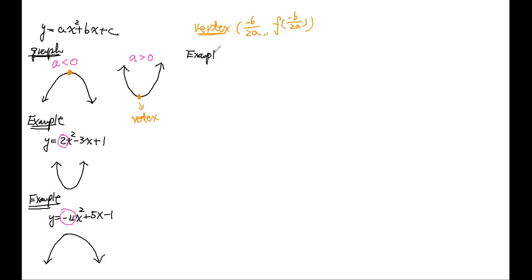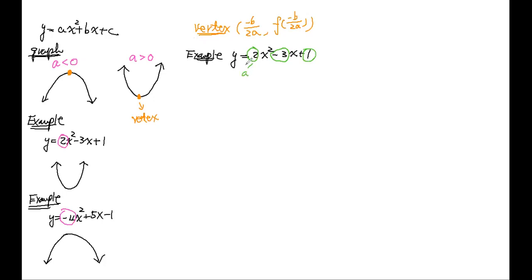Let's see if we can find the vertex. In the first example, y is equal to 2x squared minus 3x plus 1. The first thing here, let's try to identify my A, B, and C, including the whole term.